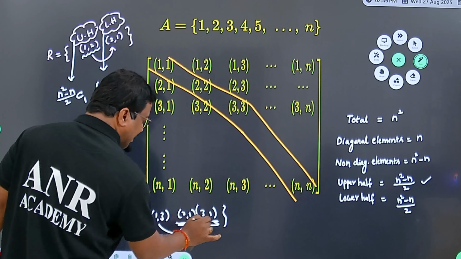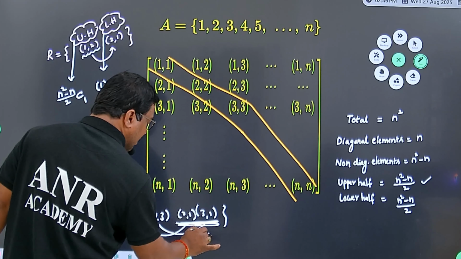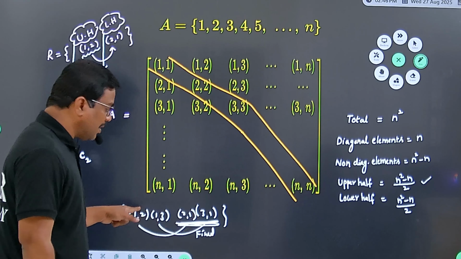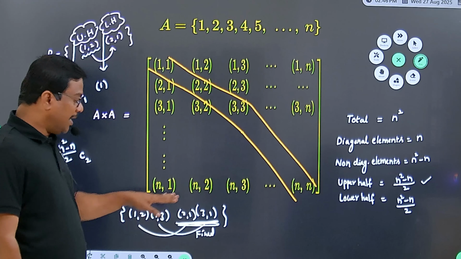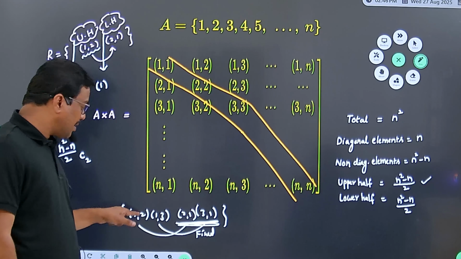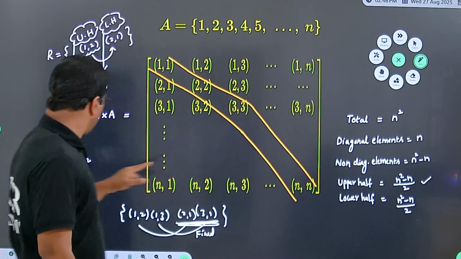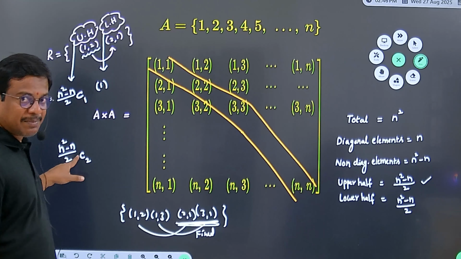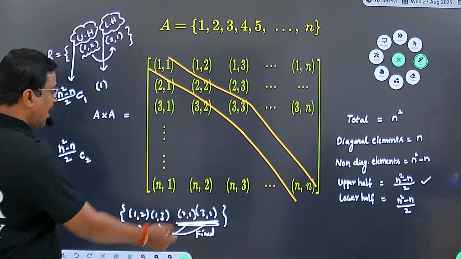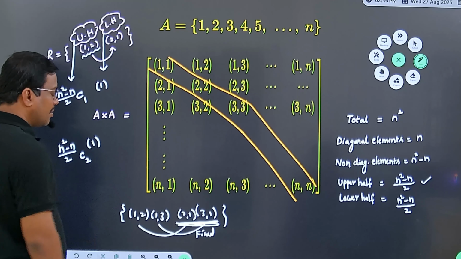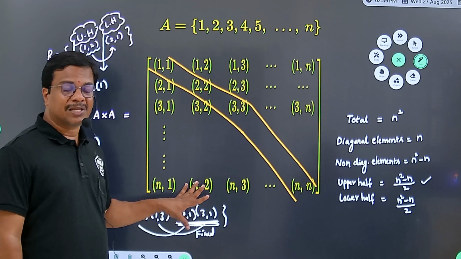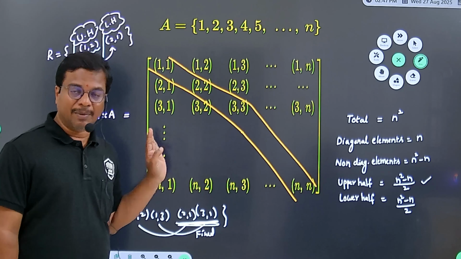This is fixed. No other chance here. It is fixed depending upon this, and for the selection of two pairs from the upper half, the total number of chances is (n² − n)/2 C2. And it is fixed, only one chance. No other combination is possible to select two pairs from the lower half, remember.